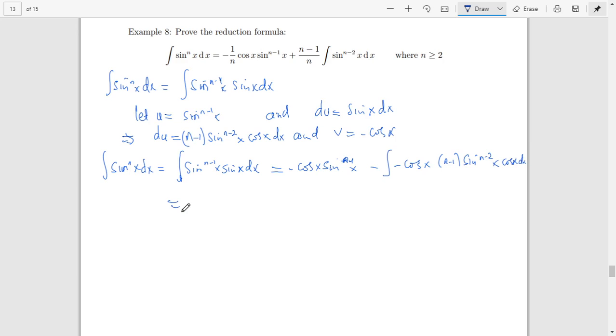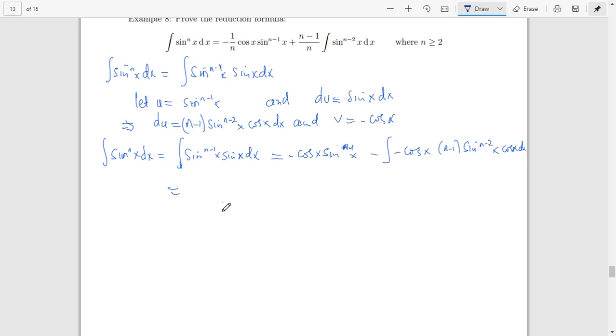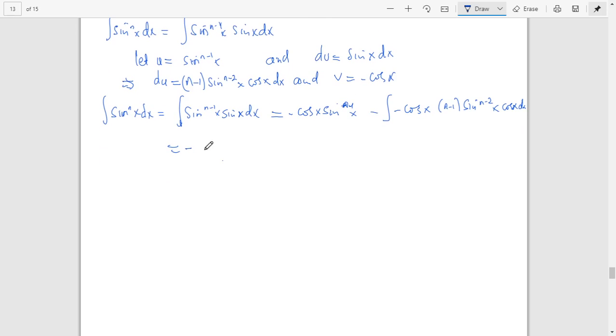This would be equal to negative cosine of x sine to the power of n minus 1 x, minus here is going to give me plus, so I'm going to have plus n minus 1 times the integral of cosine squared of x, and then sine to the power of n minus 2 of x dx.